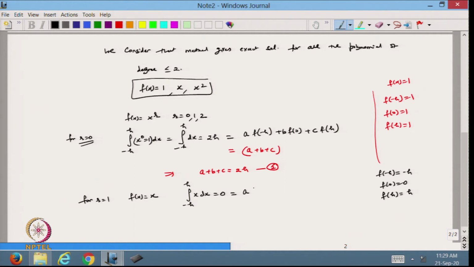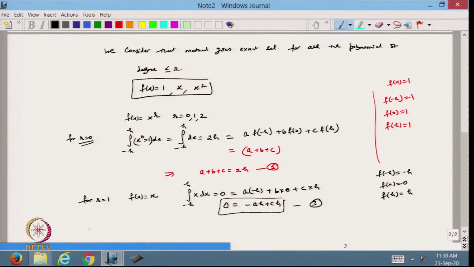So from here I can write that this is equal to a into minus h plus b into 0 plus c into h, which is equal to minus ah plus ch, and that is equal to 0. So from here I can write that this is my next equation.